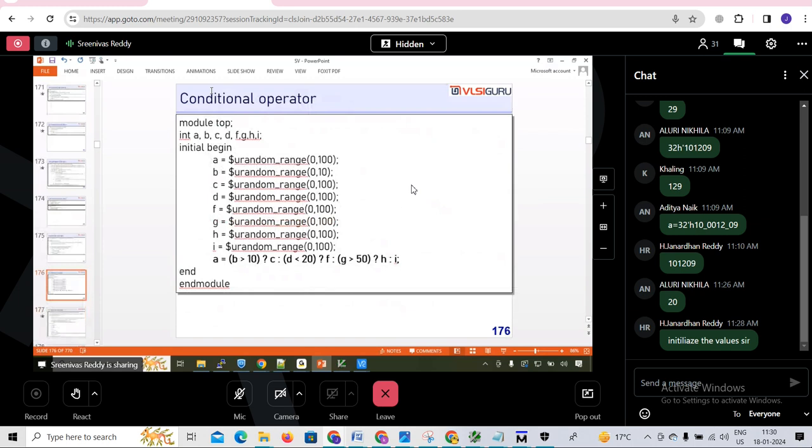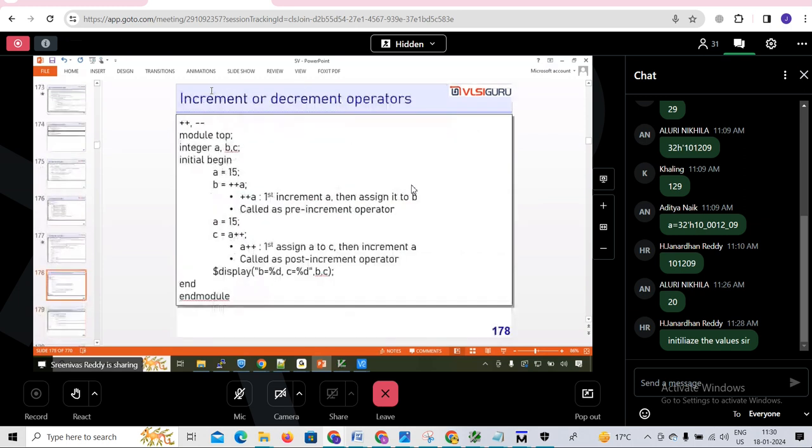Definition we are done. Conditional operator we just now did. Increment and decrement are very straightforward. The only thing we need to understand is what is meant by pre-increment and what is meant by post-increment.